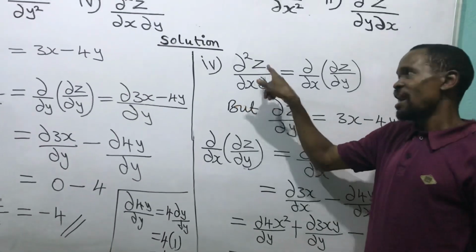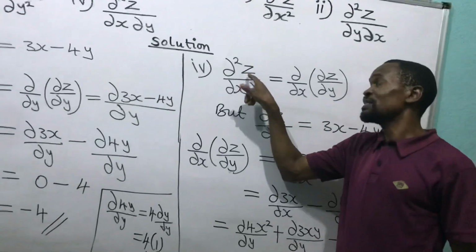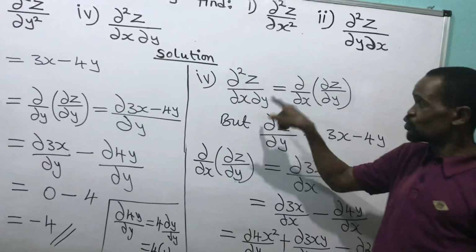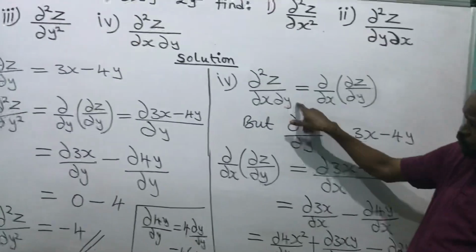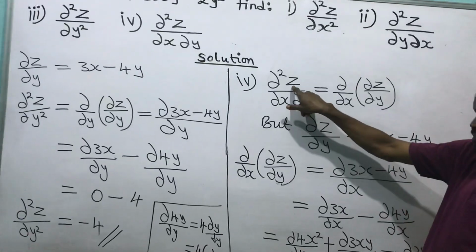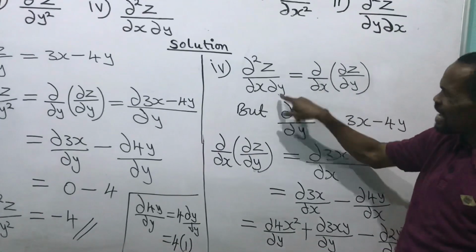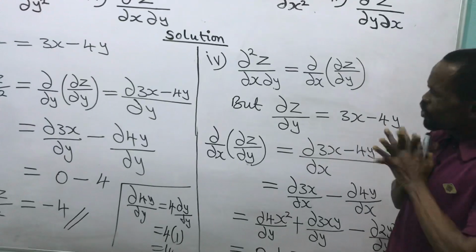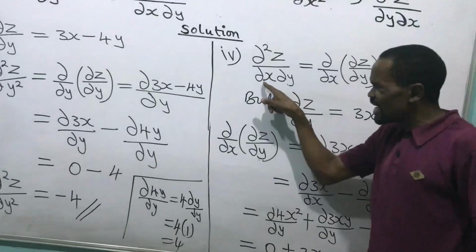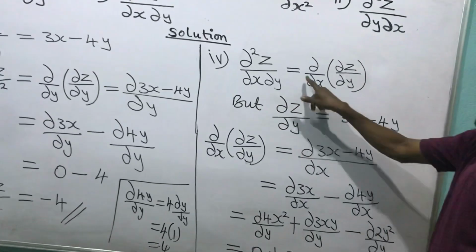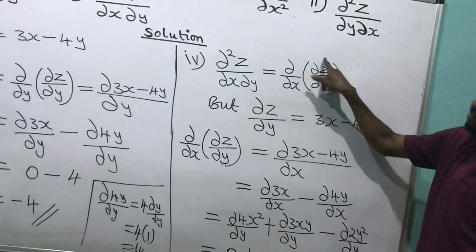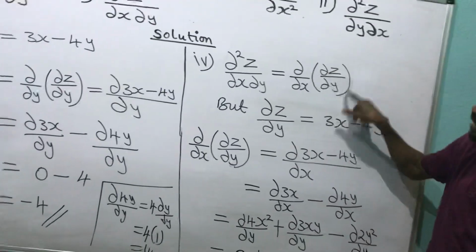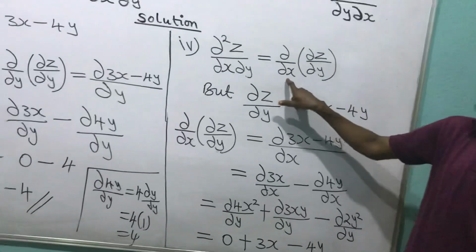Look at the y, it is the first one before the second one. Differentiating with respect to y, then the result I got, I differentiate it with respect to x.